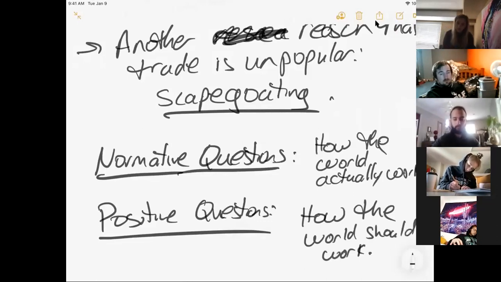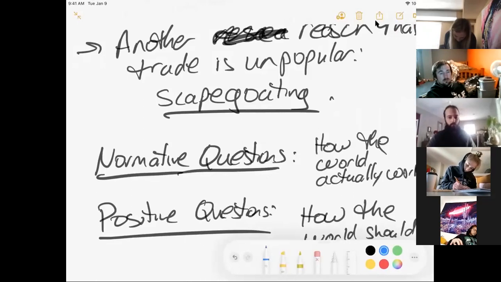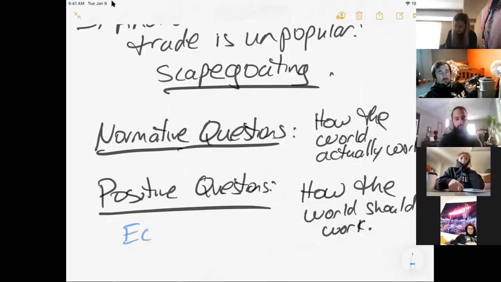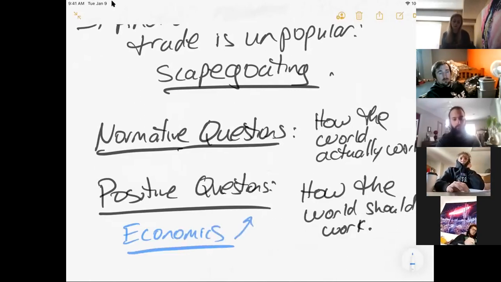Right? And so one of the things I think you'll see in this class as we go along is where the real value in economics is. I think economics can help us think about both of these kinds of questions. But in general, economics is better at helping us think about positive questions.